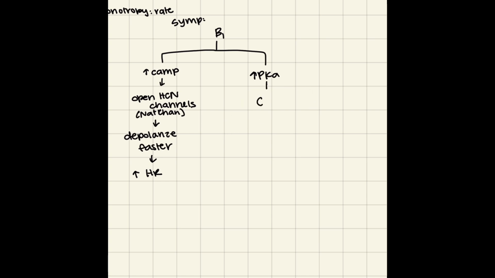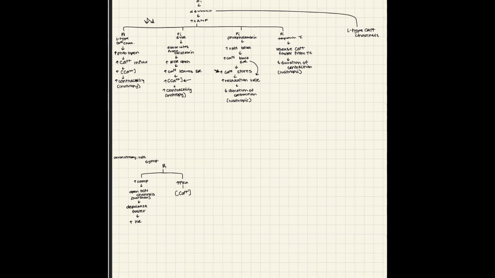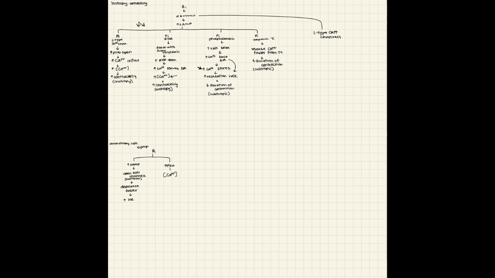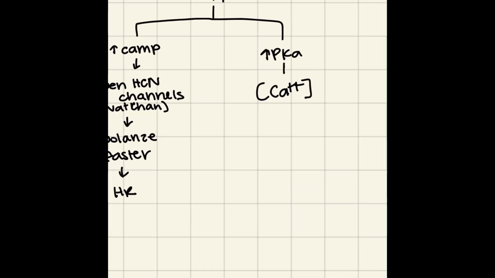Our PKA is going to increase calcium, and that's coming from these ideas right here, that this is going to increase calcium, really is the main idea there. So we're going to increase our calcium concentration, which then increases the steepness of slope.